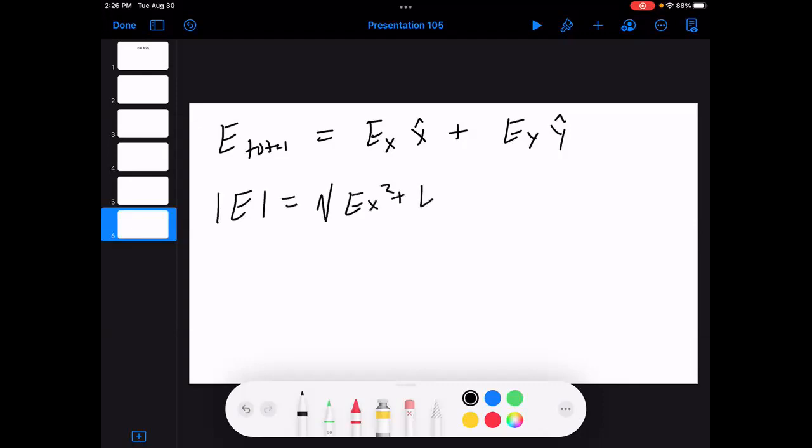You can just do this. How about the direction? How would you find the direction of the electric field?